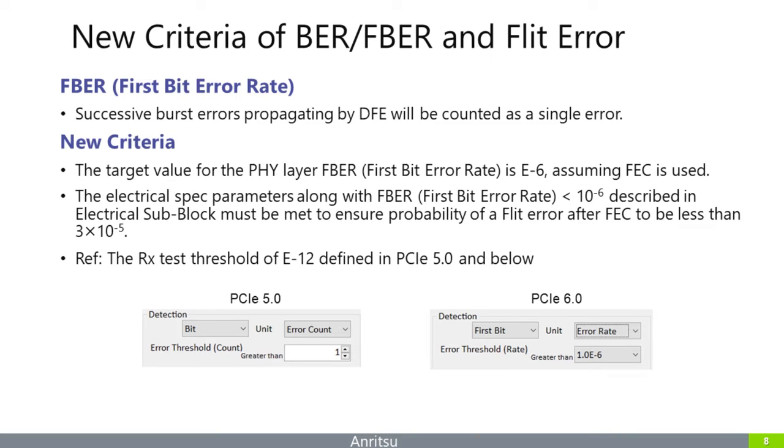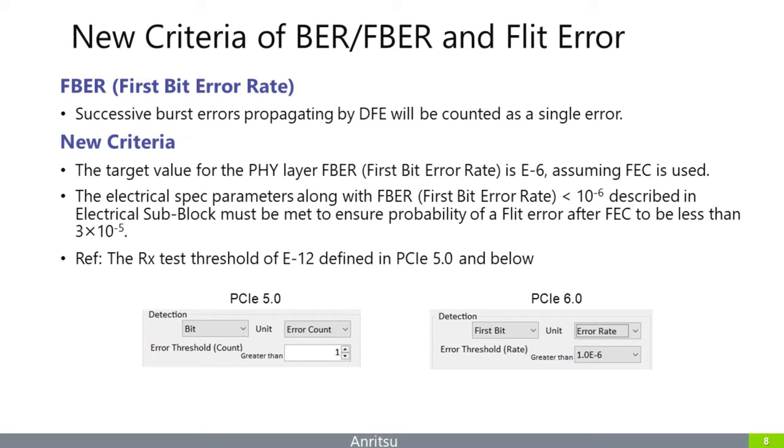So the criteria of the BER and FBER and fail path and Flit errors. The definition of the FBER is that successive burst errors propagating by DFE will be counted as a single error.